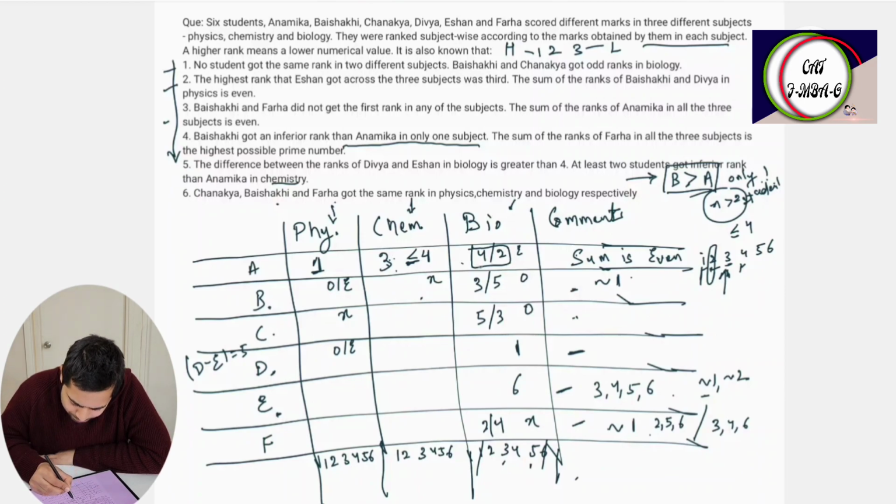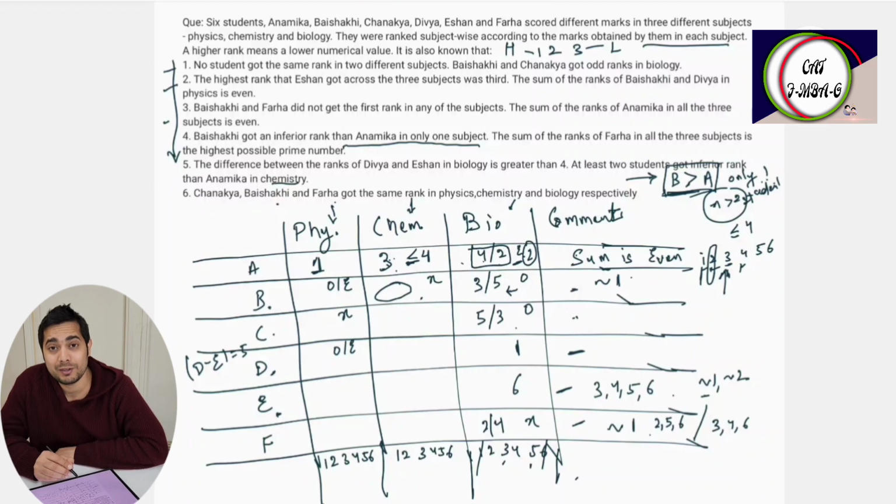If 3 is here, this number will be less than 3. If 4 is there, this number will be greater than here. So if 4 is here, then this will be 5, this will be 3. If 2 is here, this has to be less than 2, because B can be greater than Anamika in only one subject, but here only 3 and 5 will be filled.